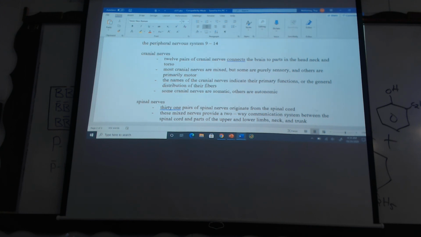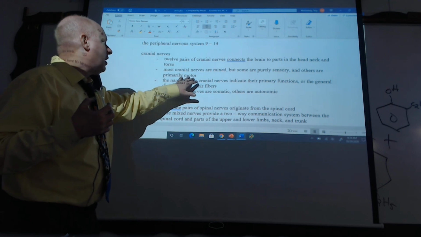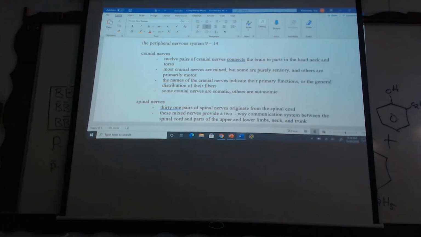What are your first 2 cranial nerves? That's one. An optic. So those are your senses. So those would be purely sensory cranial nerves. Others are primarily motor. So what's the 3rd cranial nerve? Oculomotor. It actually has it in the name. So that would be stimulating just muscles only.